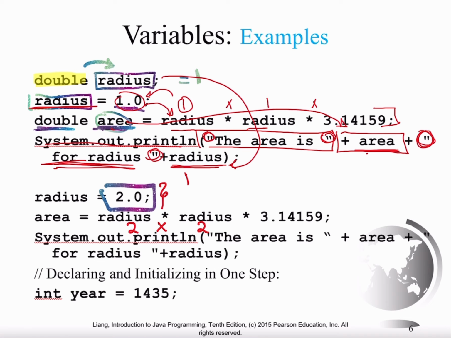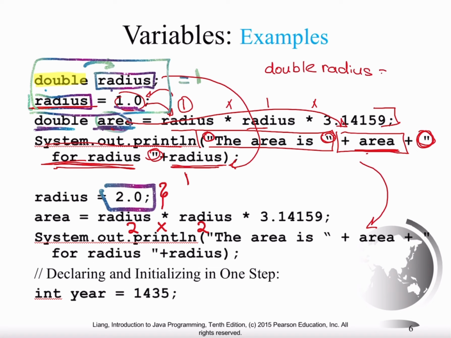And then the same thing as before is in the printing statement here. And there is one extra note. Here we have double radius and then a semicolon and then radius is equal to 1. You can simplify all that in one statement and say double radius is equal to 1 instead of writing this.